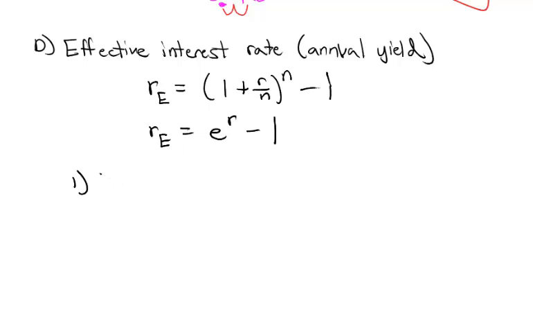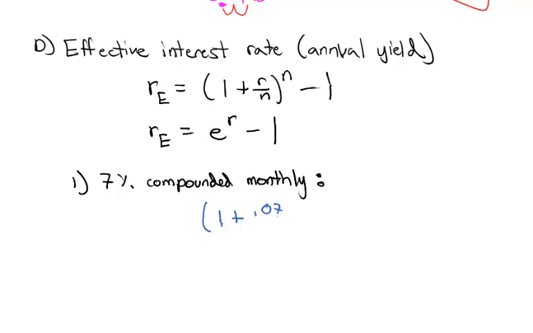So, for example, if you were offered 7% compounded monthly, and we wanted to find the annual yield, since it's compounded monthly, that's the bigger formula. 1 plus 0.07 divided by 12 is the monthly, to the 12th power, minus 1.